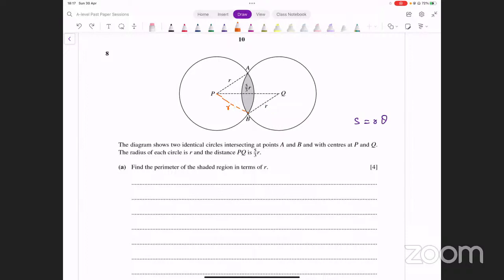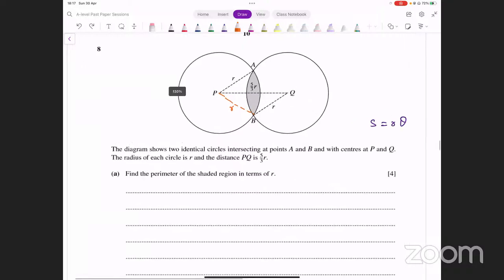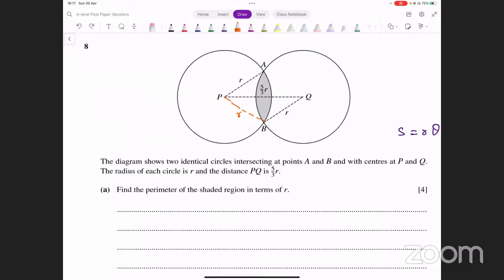They're both R. So it's an isosceles triangle, right? Now, if it's an isosceles triangle, we know 3 lengths. आपको कोई भी एक angle निकालना है अगर, for example, if you're looking for this particular angle, let's call this angle alpha.